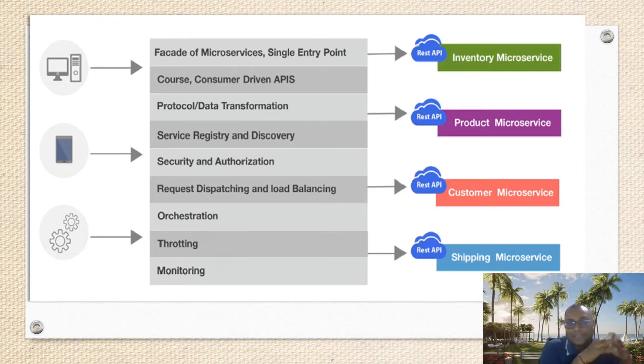First, like a facade of microservices, single entry point, coarse consumer-driven APIs, protocol and data transformation, service registry and discovery, security and authorization, request dispatching and load balancing, orchestration, throttling, monitoring. This picture demonstrates how a gateway typically fits into the overall microservice architecture.